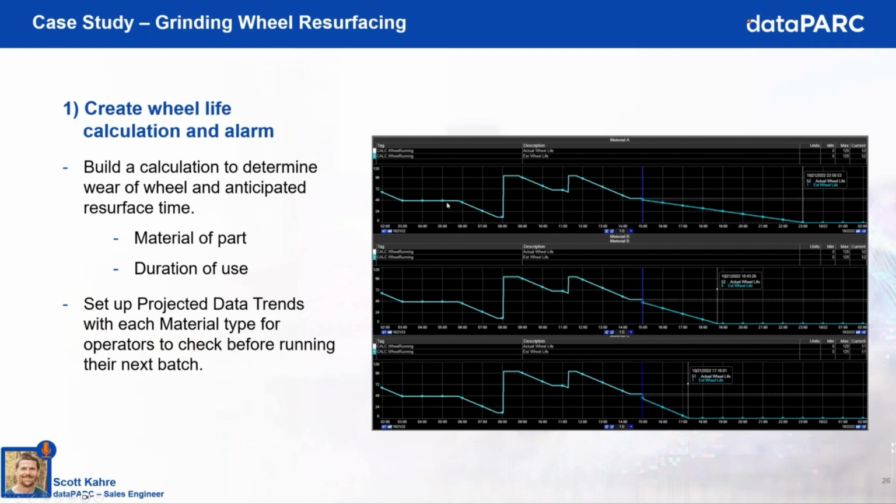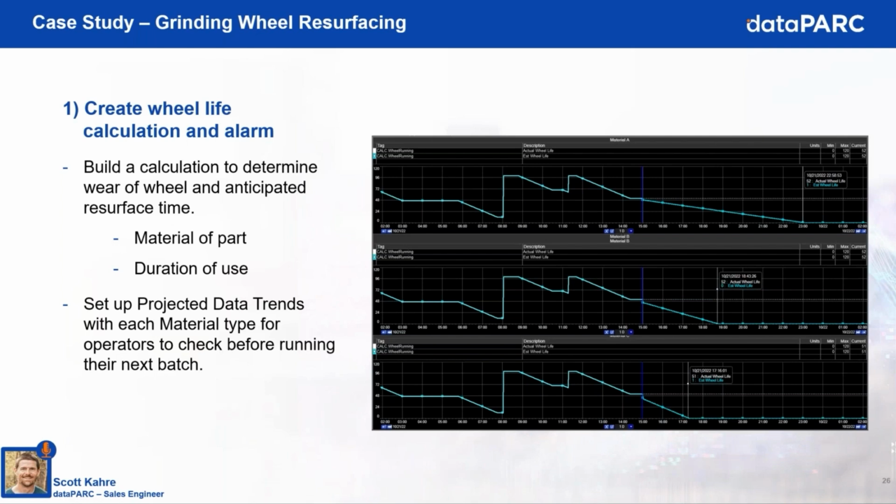So obviously it's not losing any life when it's not being used or worn out. That calculation creates this trend, and it's not really that complicated, but it's something that would be difficult to just estimate in your brain at any point, especially if you don't know what happened yesterday or the day before, if you just came on shift.